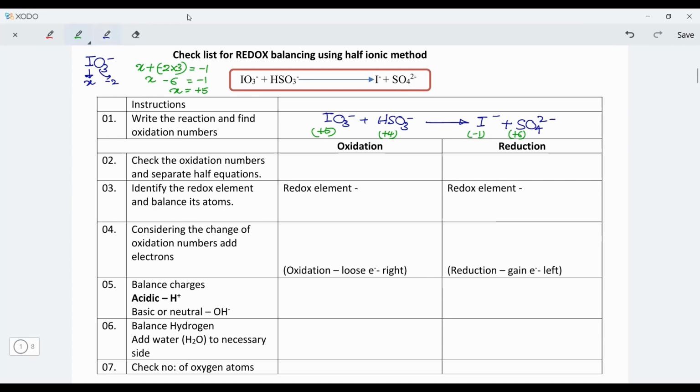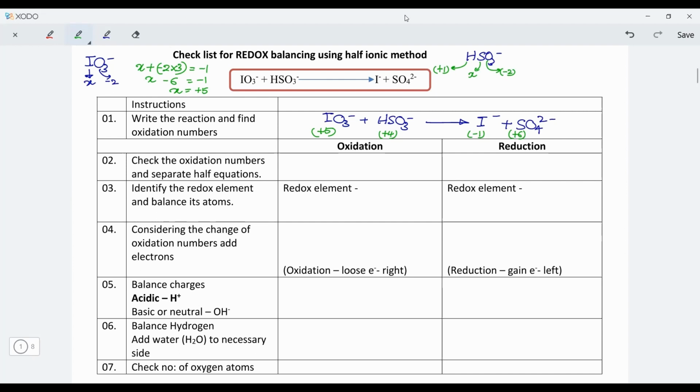Then I will do it for HSO3 minus also. Like I said, sulfur is the unknown atom here. Oxygen normally has minus 2 oxidation and hydrogen normally has plus 1 oxidation, right?